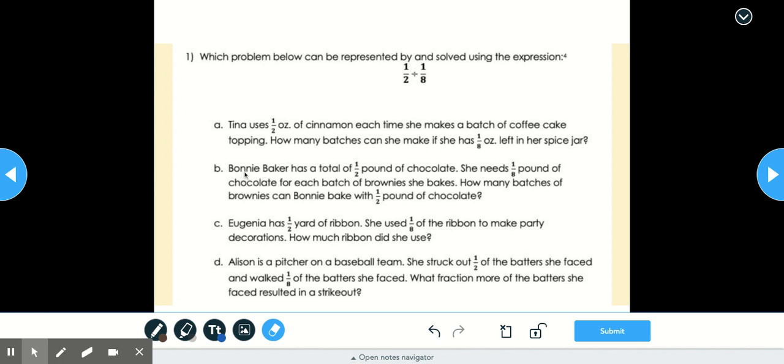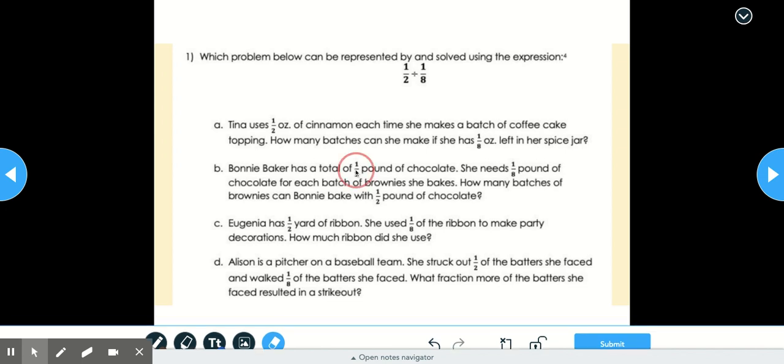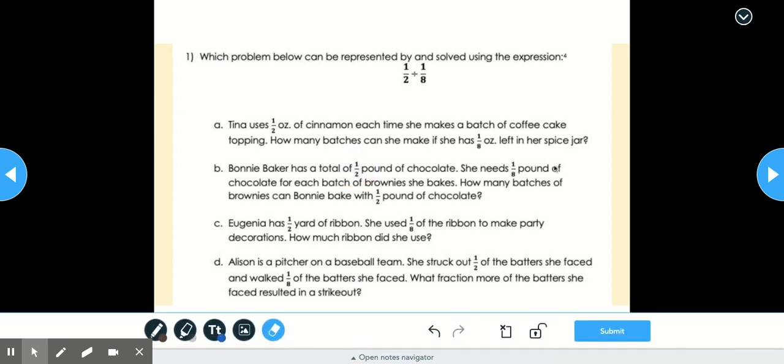B says Bonnie Baker has a total of 1/2 pound of chocolate. She needs 1/8 pound of chocolate for each batch of brownies she bakes. How many batches of brownies can Bonnie bake with 1/2 pound of chocolate? Okay, well, in this case, it does tell me that Bonnie has a total of 1/2 pound, and it says that she will need 1/8 pound for each batch of her brownies.